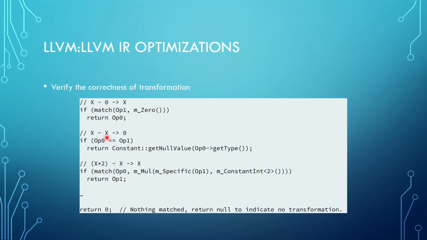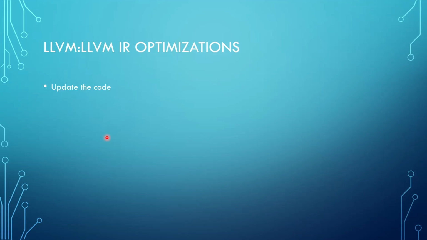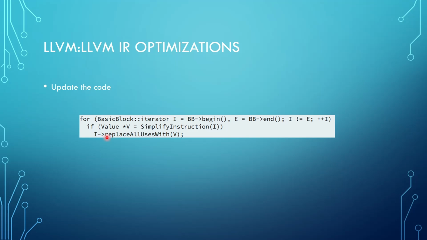Other than this, there are some more checks related to the safety of the transformation, whether or not the transformation will lead to some side effects. That is also included in these checks. And after this, the final step is to update the code, for which we need some code like this.